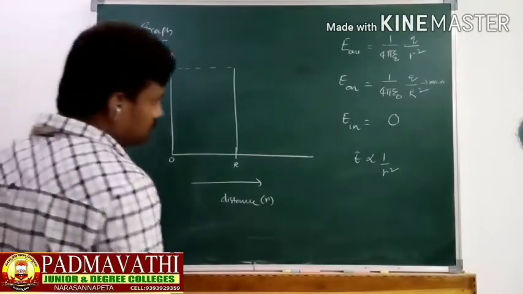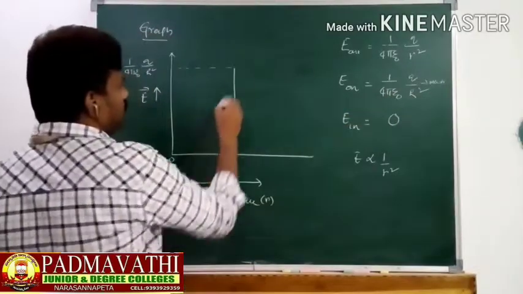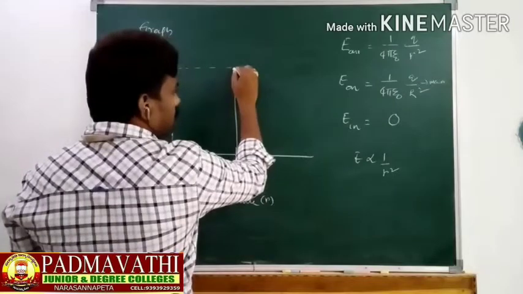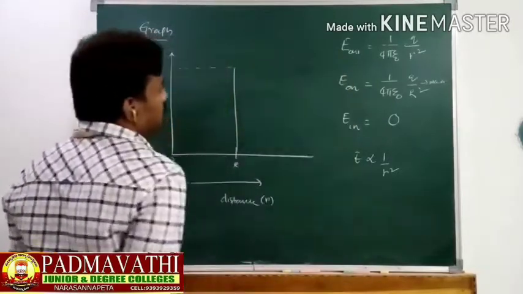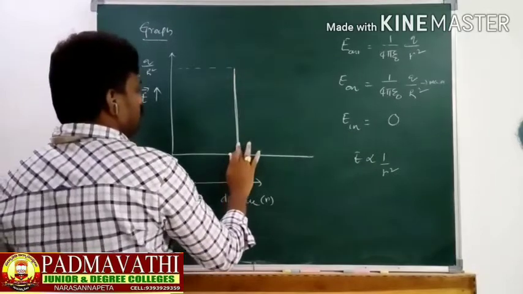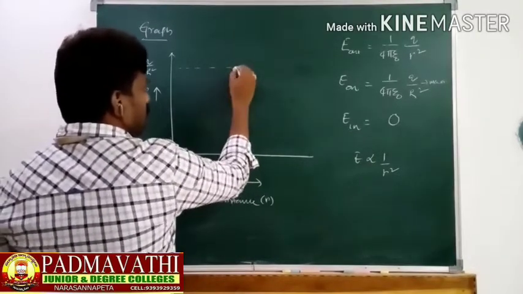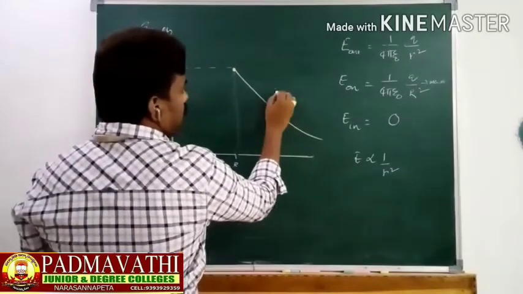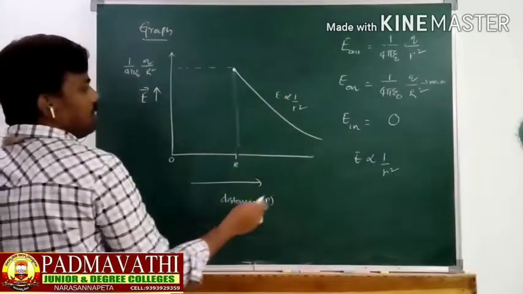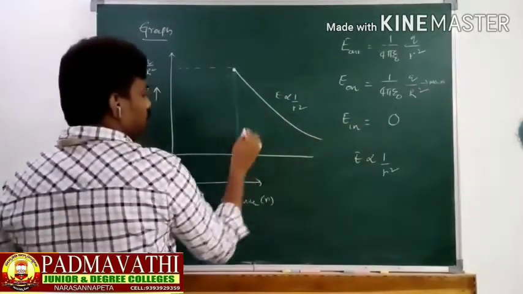After that, as R increases, it is reducing. Why is it reducing? Because E is directly proportional to 1 by R square, and exactly below this R, E will be equal to 0.